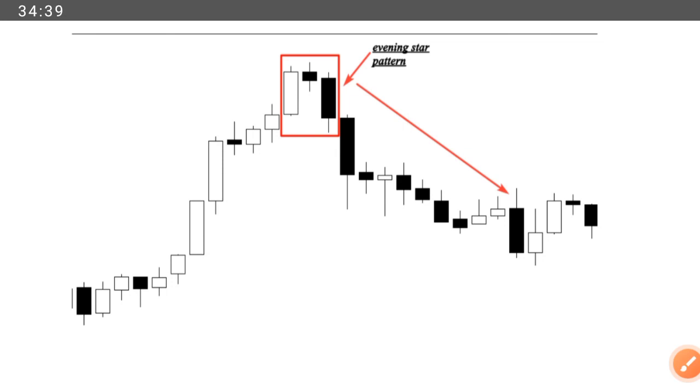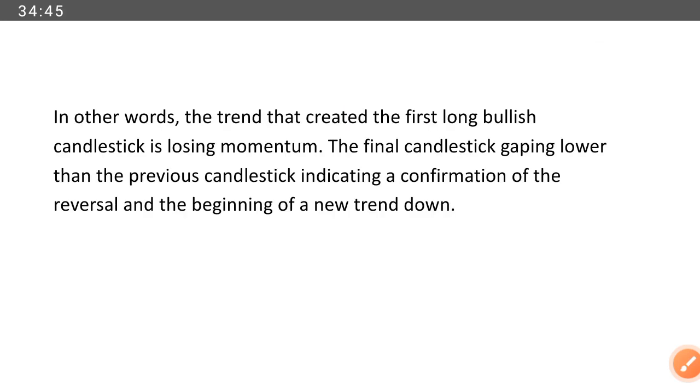So that's the evening star pattern. In other words, the trend that created the first long bullish candlestick is losing momentum. The final candlestick gapping lower than the previous candlestick indicates a confirmation of the reversal and the beginning of a new trend down.